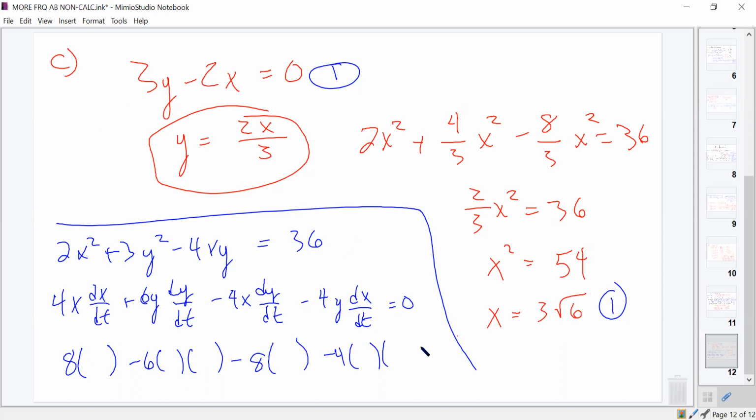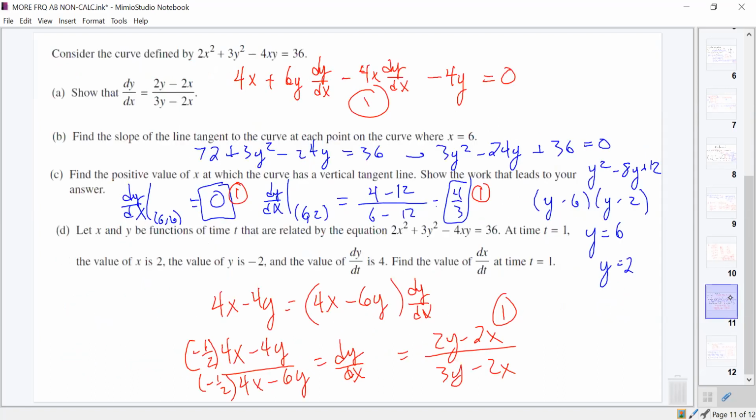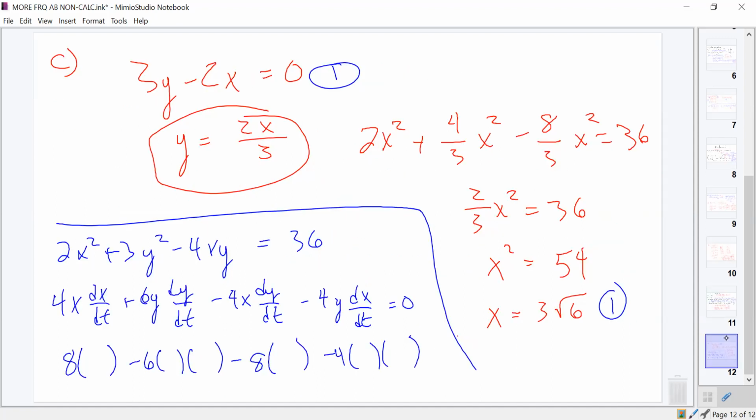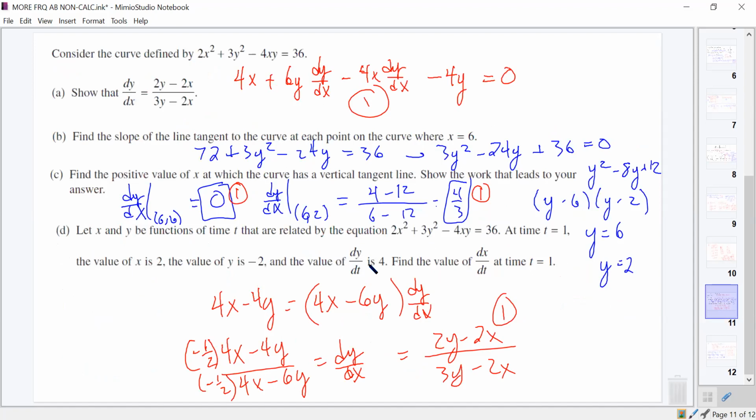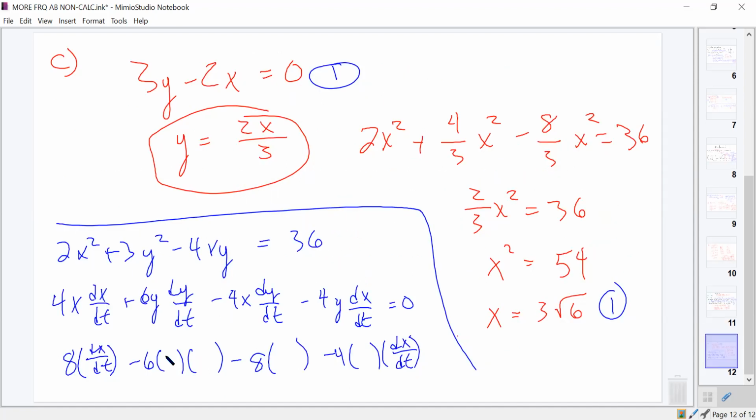And we need to find our values. So our value of dx/dt is what we're looking for. The value of dy/dt is 4 and y is negative 2. Set it equal to 0 and solve for dx/dt.